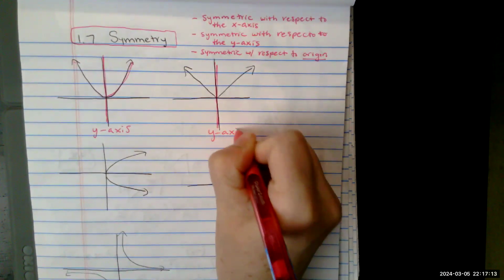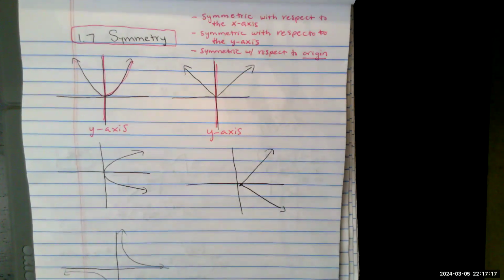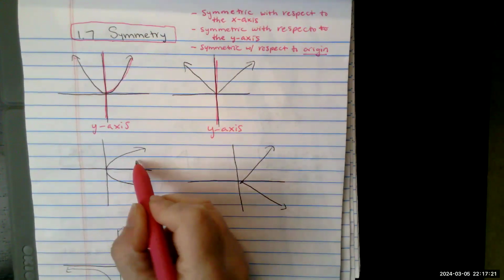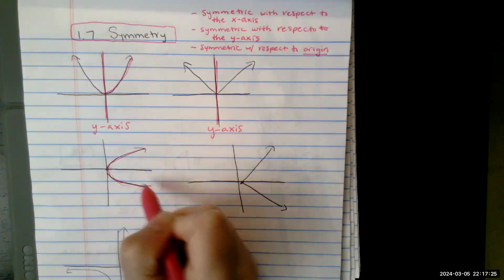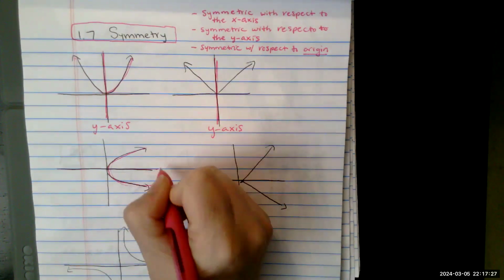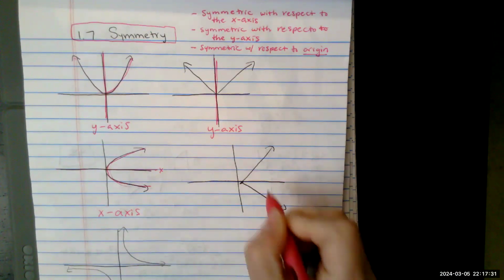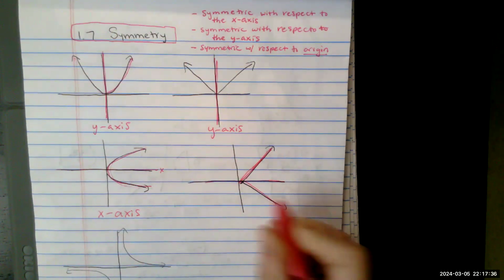So it's symmetric with respect to the y-axis. Next two, if you'll notice, look like they got flipped from the top to the bottom or vice versa. So they're the exact same on both sides with this in the middle, which is your x-axis. So they're symmetric with respect to the x-axis. And this one too, if I had drawn it perfectly.